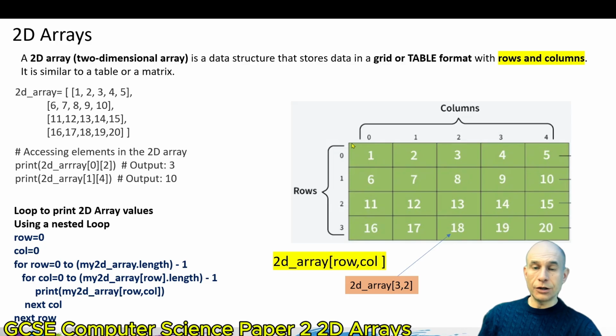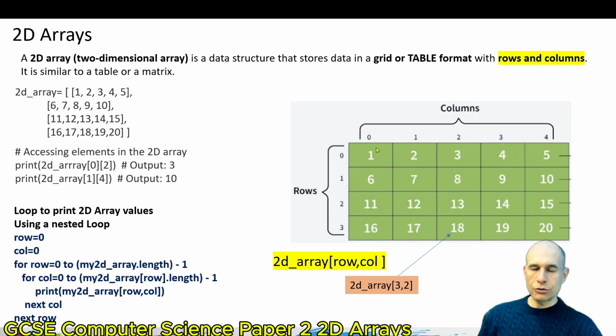Also remember, the positions always start from 0. So the position number 1, you see here, is where we have the number 1 stored. This is a 2D array, and the name of this array is 2D array. I have defined it, and it has all of these numbers.